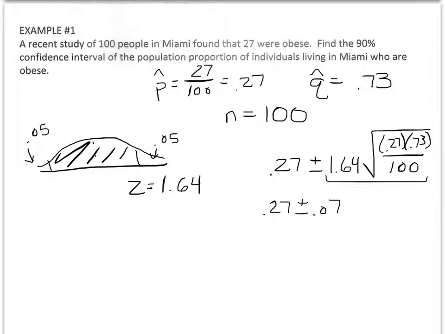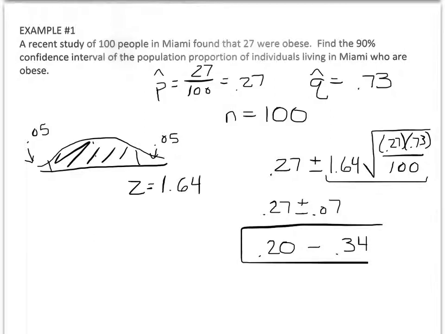I subtract it off. I add it on. So what that says is we are 90% confident that the true proportion of obese people living in Miami is between 0.2 and 0.34. We are 90% confident that the true proportion of the population is somewhere inside this range.